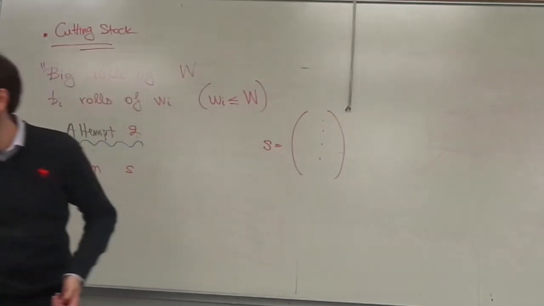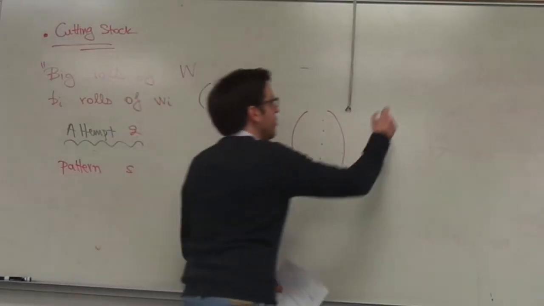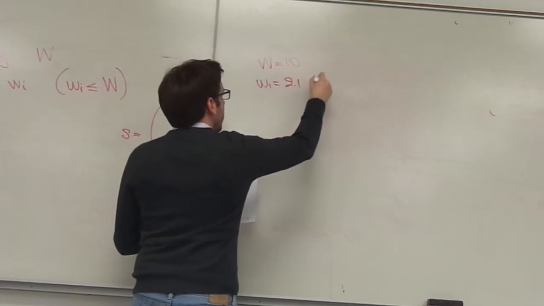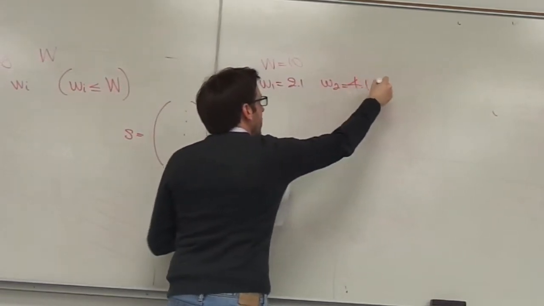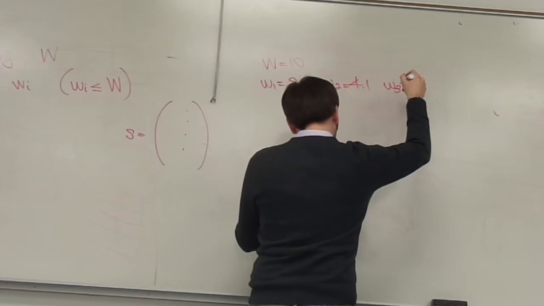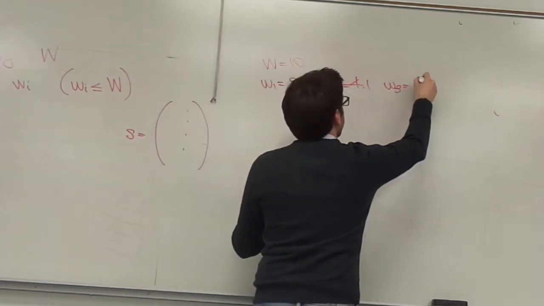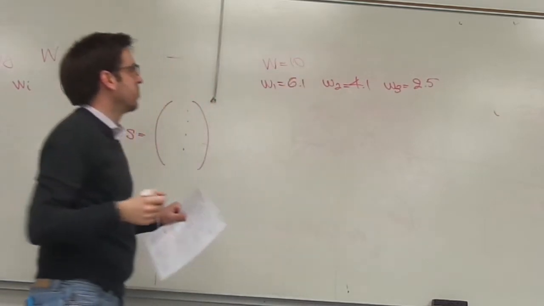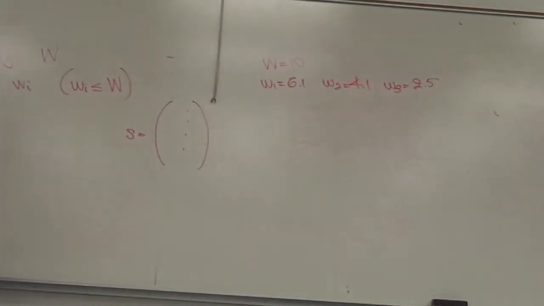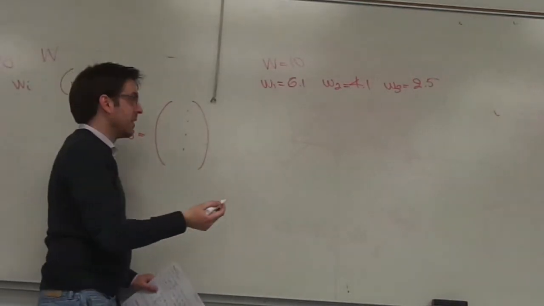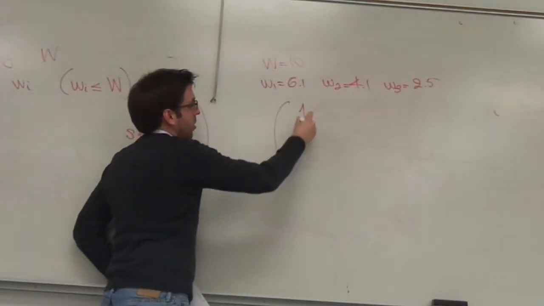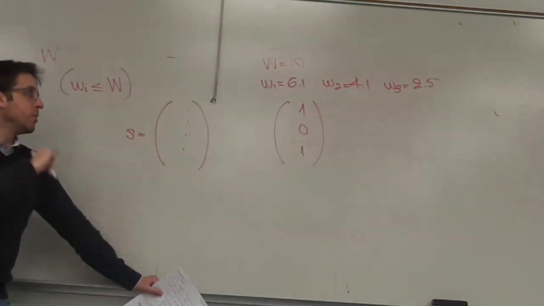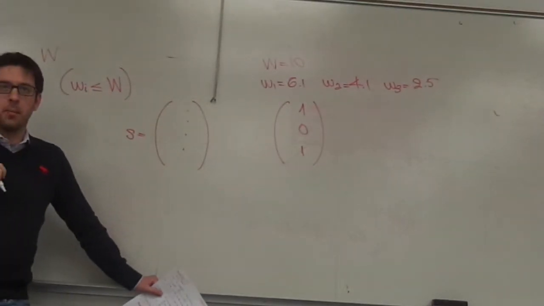That is, for example, let's consider the following values. Big W equal to 10, W1 is equal to 2.1, W2 is equal to 4.1, and W3, let's make this one a little bigger, let's make this one 6.1. Then possible patterns would be, this one would be a possible pattern: 1 from W1, 1 from W3, 0 from W2.